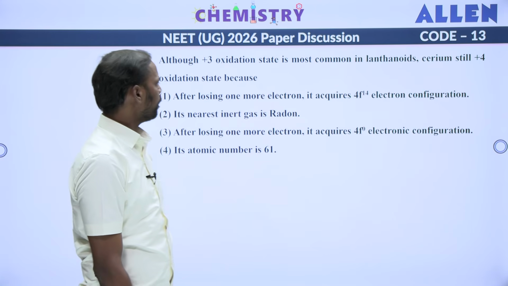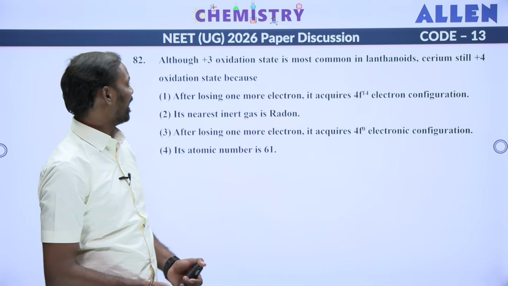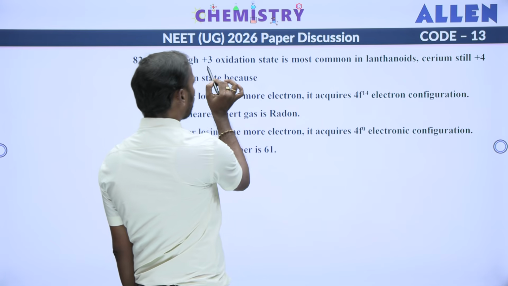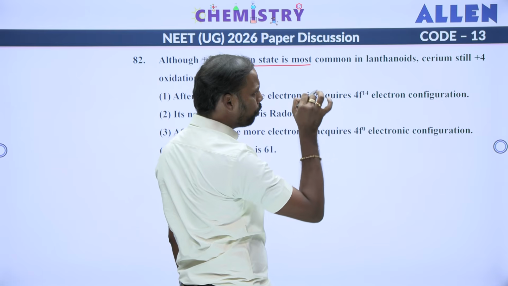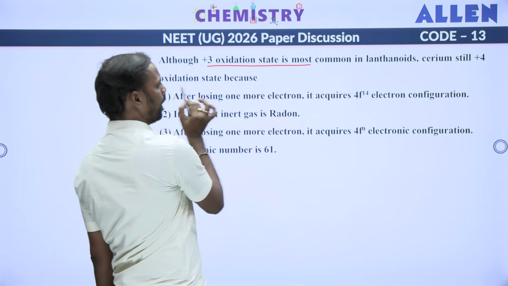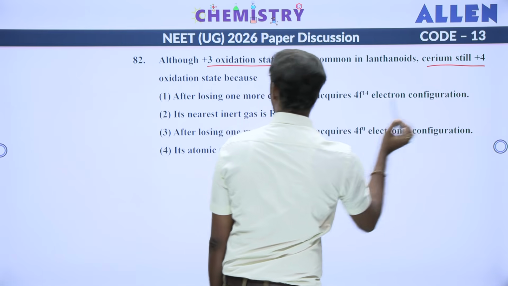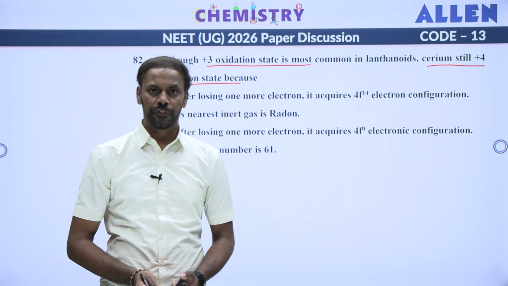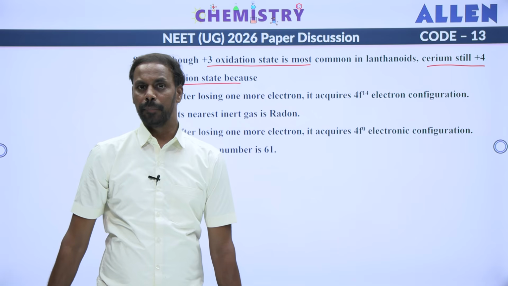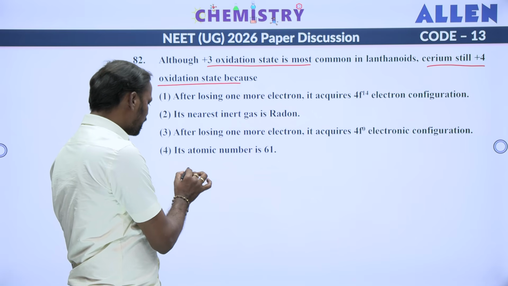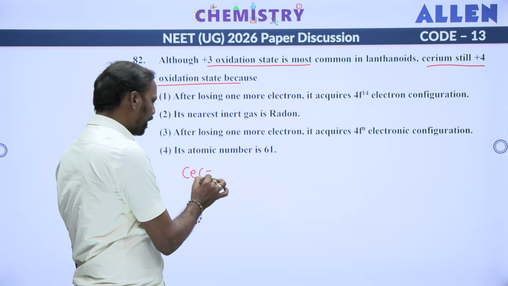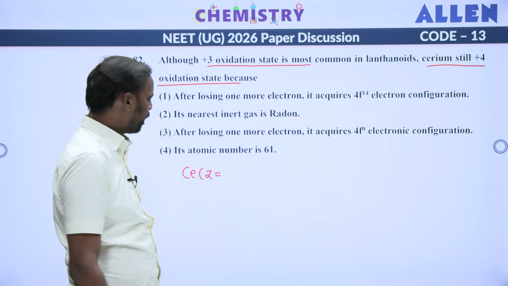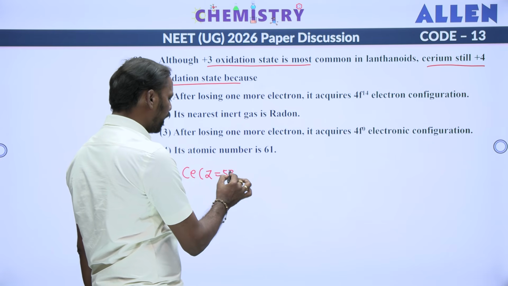Right. Next, student, again a statement based question. Although +3 oxidation state is the most common in lanthanides, cerium shows which oxidation state here? +4 oxidation state, because this question asks from F block elements. As we know, cerium atomic number is 58.